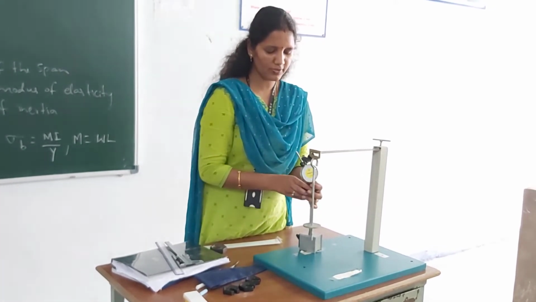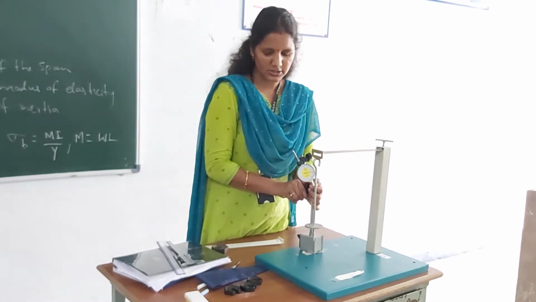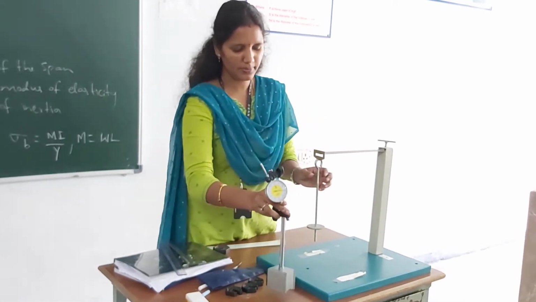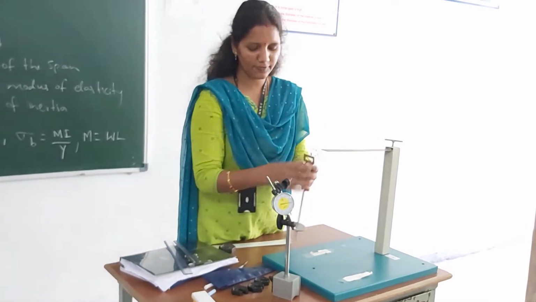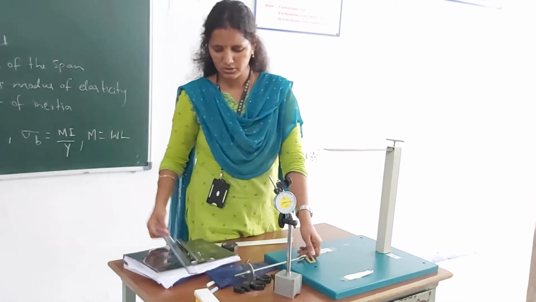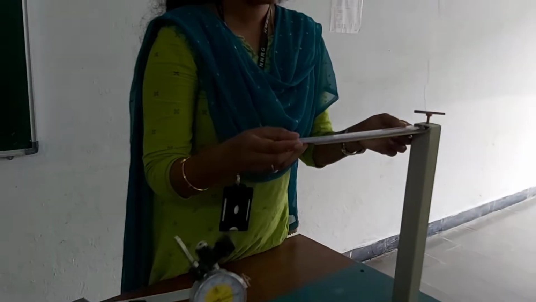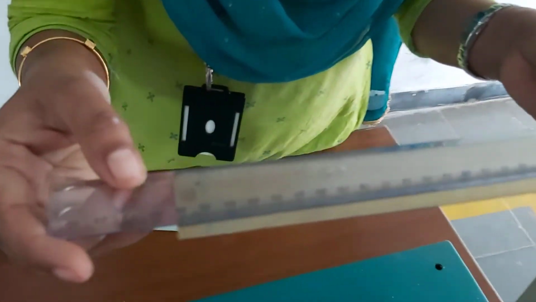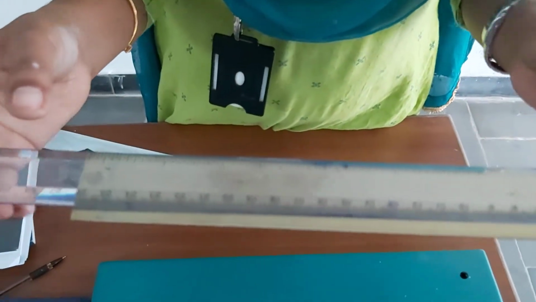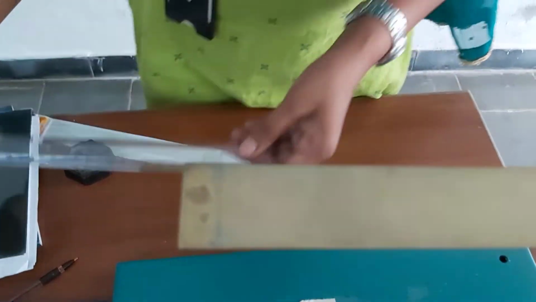Before that, we have to measure the length of the beam, the width of the beam and the thickness of the beam. With the scale we are measuring the length, and that should be noted down in the notebook.